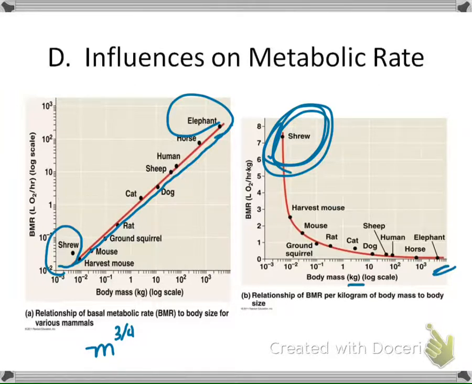This is actually kilograms. Smaller animals have higher metabolic rates per gram. It results in higher breathing rate, higher blood volume, higher heart rate, and therefore they must eat more food per gram.